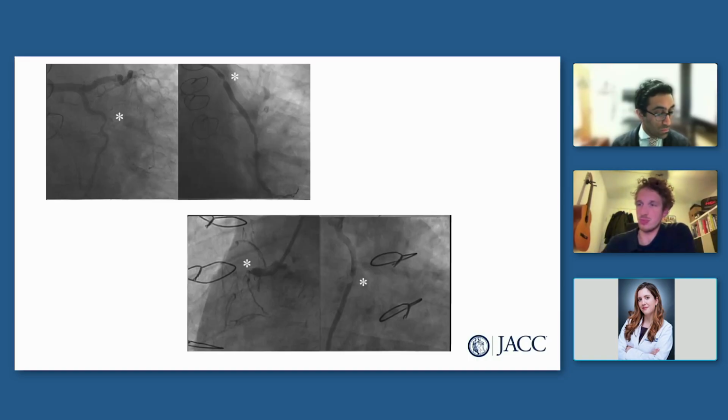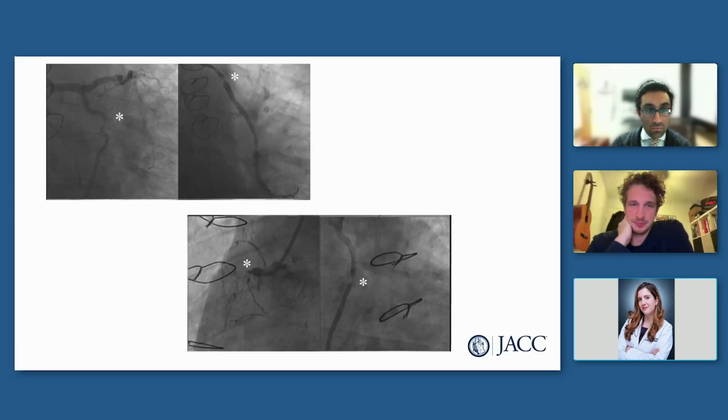In the top patient, on the left frame is the native vessel, highlighted by a little white star. We're looking at an obtuse marginal that is occluded here. And then on the right for that patient, you can see a vein graft going to that obtuse marginal branch, and there's a focal stenosis in the proximal vein graft.